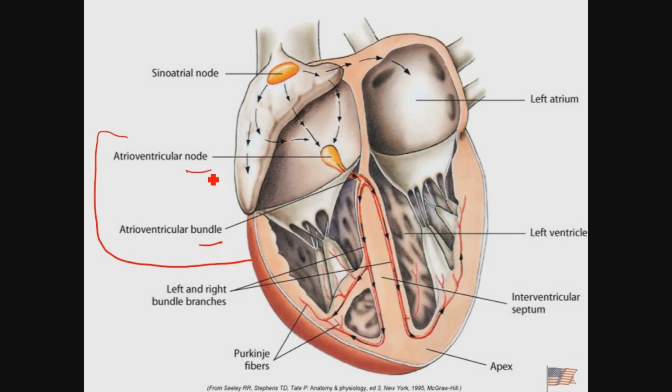So if I refer to the AV bundle, I'm talking about them both together. You can see that once it gets through the bundle, it then goes into the two main bundle branches, which then branch and branch and branch until all the coronary muscle is innervated.